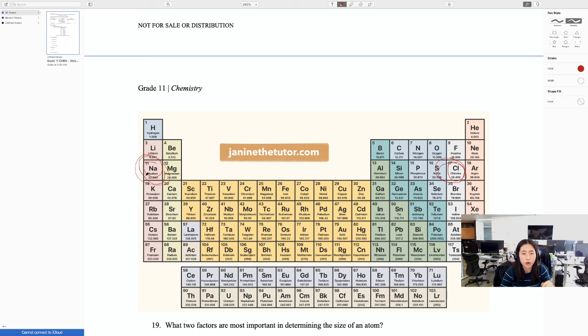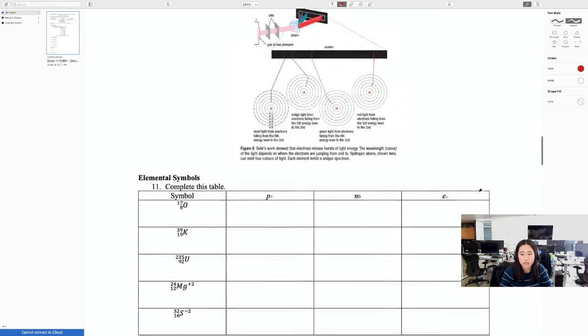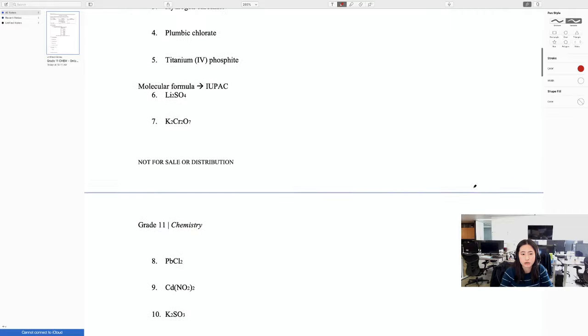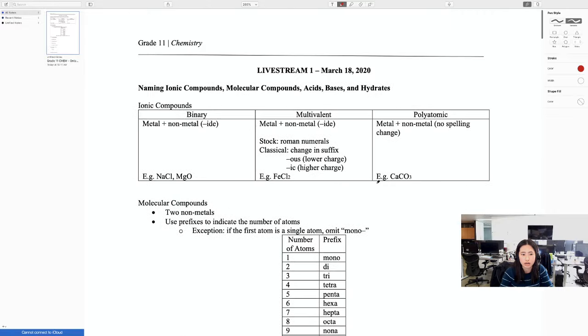As a result, we know that sodium will carry a charge of +1 because group 1 elements are likely to lose that electron to gain a full octet, meaning a full valence of 8 electrons. For chlorine, because it's found in group 7, it's most likely going to gain 1 more electron to achieve that full octet. That's why we know that sodium carries a charge of +1, while chlorine carries a charge of -1. So we first start off by writing the charges.